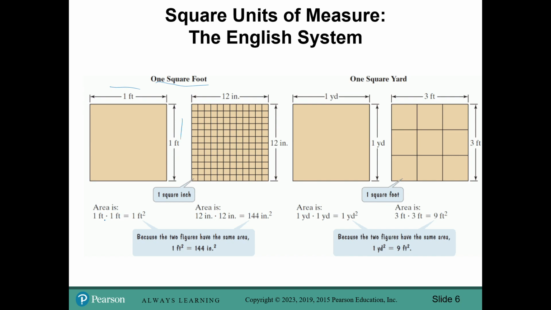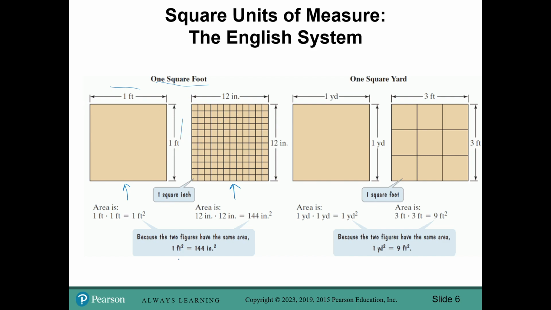Okay, so here your area is 1 foot times 1 foot gives you 1 foot squared with the initial square. Here the area is 12 inch times 12 inch, which gives you 144 inches squared. And because the units have the same area here, this square is the same as this square because 1 foot is the same as 12 inches.